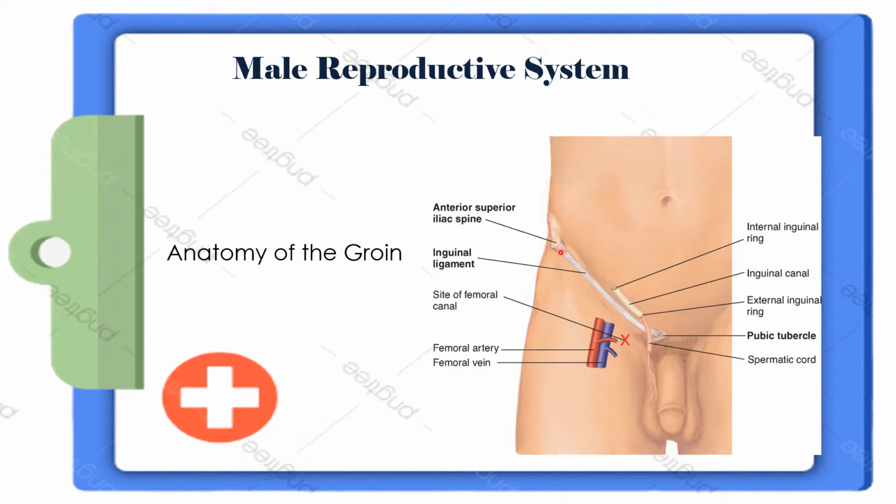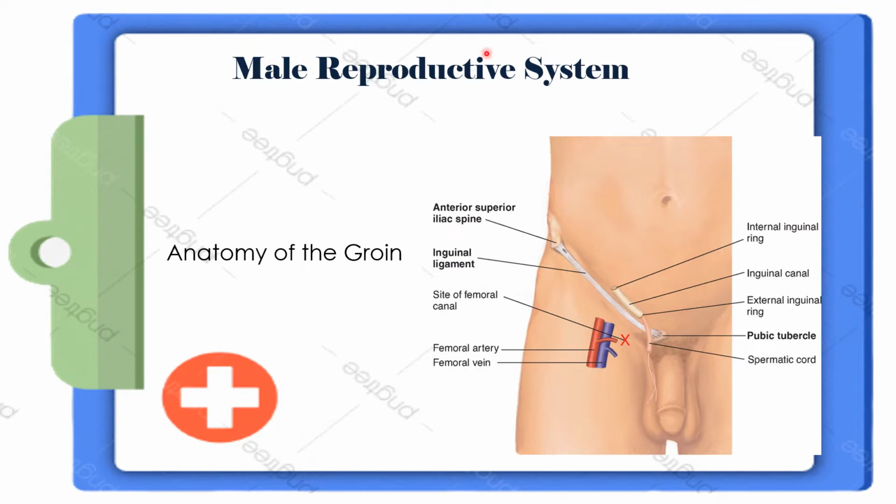The basic landmarks are the anterior superior iliac spine, the pubic tubercle, and the inguinal ligament that runs between them, which are readily identified. The inguinal canal, which lies medial to and approximately parallel to the inguinal ligament, forms a tunnel for the vas deferens.